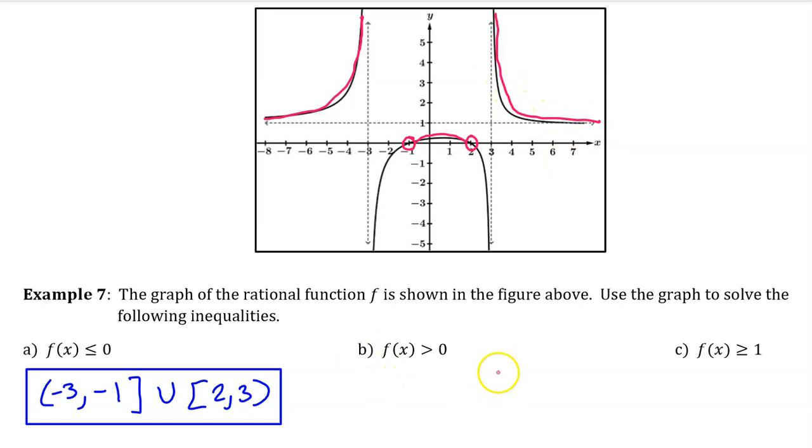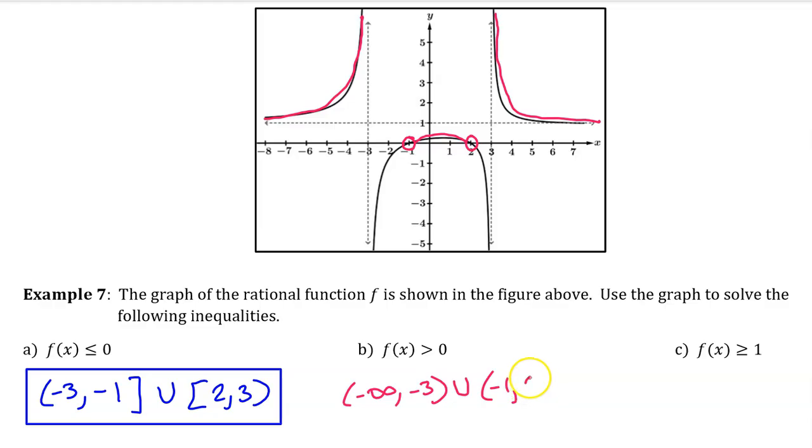So, this solution is going to have 3 parts to it. This interval on the left goes from -infinity to -3. The -3 will get a parenthesis because there's an asymptote here. The function never reaches -3. Do not include it. And then we have this interval in the middle from -1 to +2.